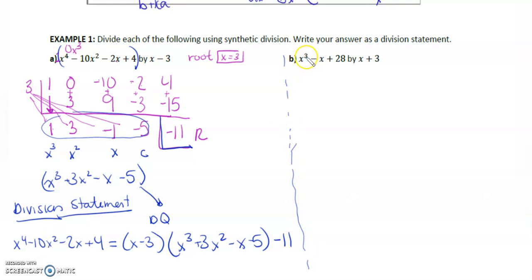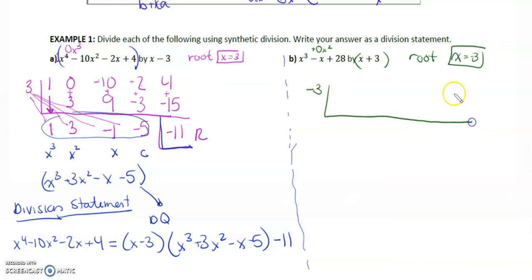Now for b, we have x cubed minus x plus 28, and this is going to be divided by x plus 3. There is no x squared term, so we're going to fill in the x squared term with a 0. First, what is our actual root? Our root is x equals negative 3. So we write negative 3 on the outside, and we write the coefficients 1, 0, negative 1, 28 in our division.